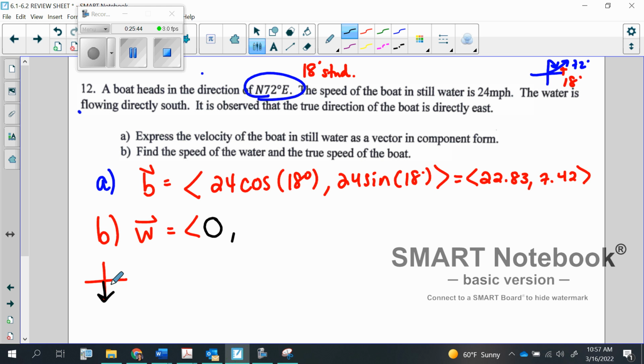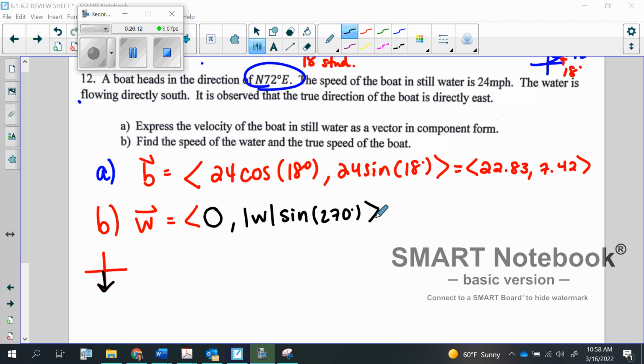But we do not know the magnitude. They don't tell us the speed of the water. So it says find the speed of the water, so we're technically trying to find that magnitude. We know it's flowing due south, so 270 degrees. That's really all we know so far, and we can't quite solve that yet. And then the true speed of the boat.